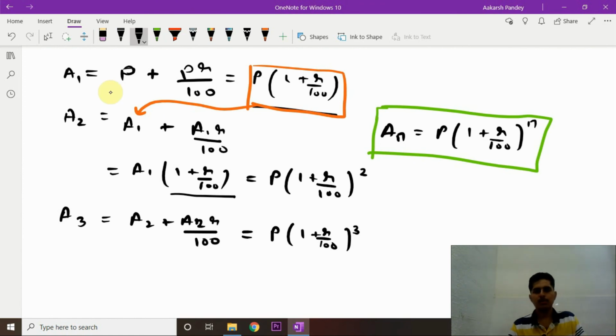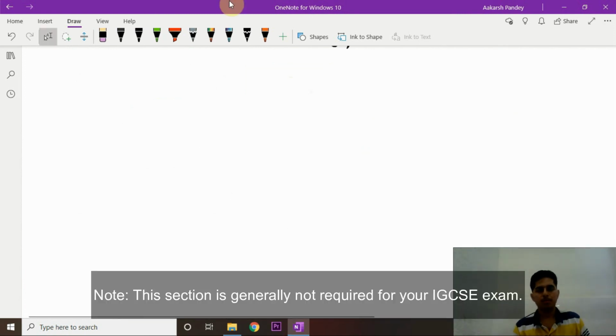So you see, you have this formula. You can use it anywhere in your IGCSE syllabus because you have to know this for your math exams. So you can use it anywhere you want, without giving them a proof of how you actually came up with this. Next we'll see one more topic.